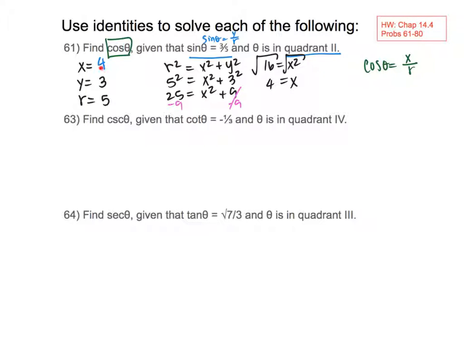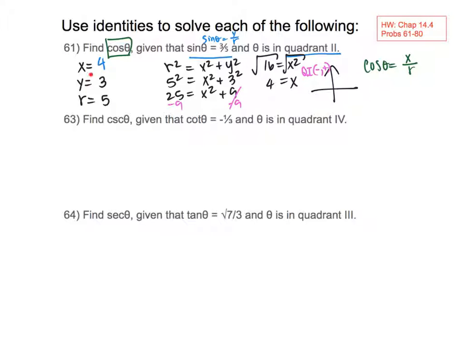So now that I know that, well, I have x and I have r, so I could put these back together, right? Actually, no, you need to pause here. So take into account that it needs to satisfy the second quadrant. I want you to think about what the signs are in the second quadrant. In the second quadrant, the x values are negative and the y values are positive.